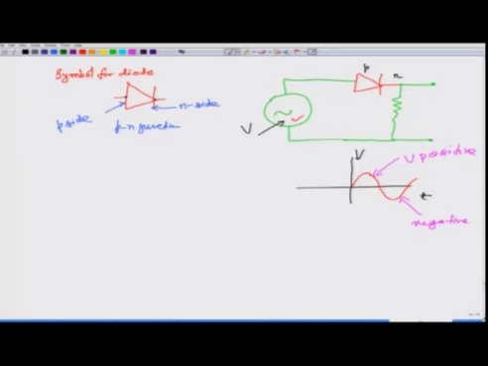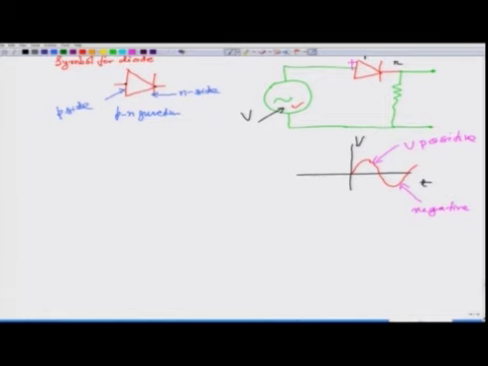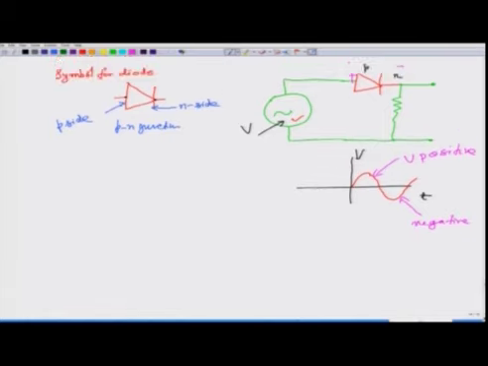When it is positive, this side is positive, this side is negative, and this PN junction is forward biased. Why is it forward biased? Because P is connected to higher voltage, N is connected to lower voltage, and that is the forward bias.